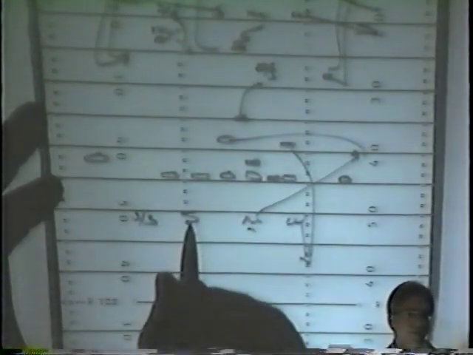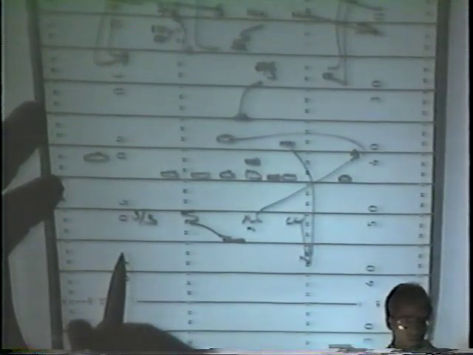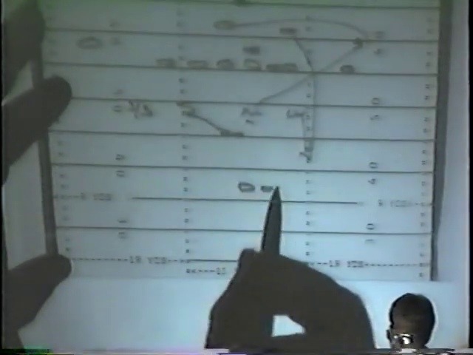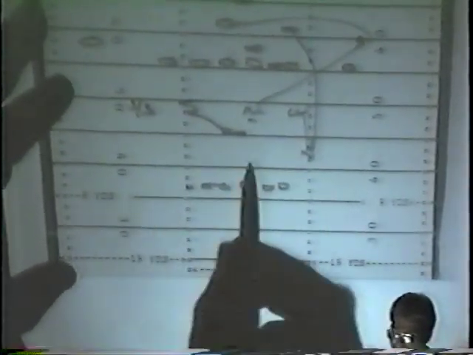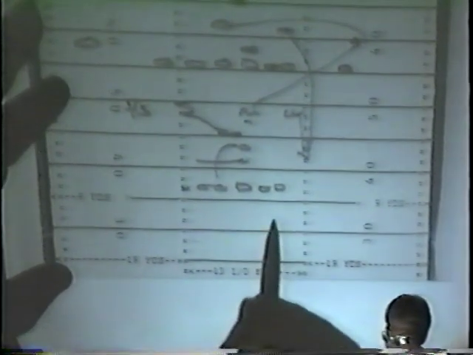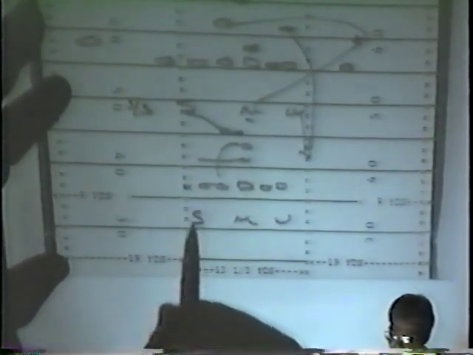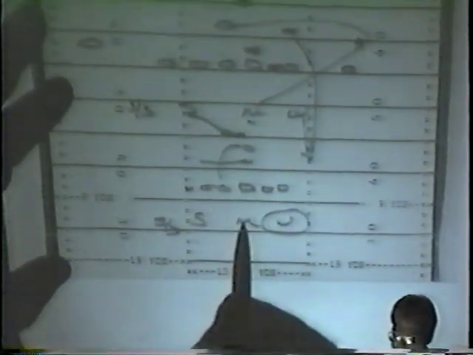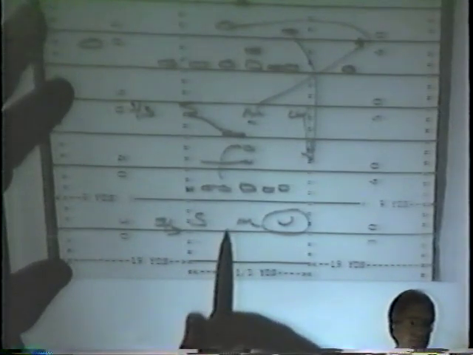Who's the free guy now? He's right there. This guy's got him. All right, if they go both backs strong, who's the free guy? Let's say they're in the I and they do this. Who's the free guy? Right? He's always got the second back.